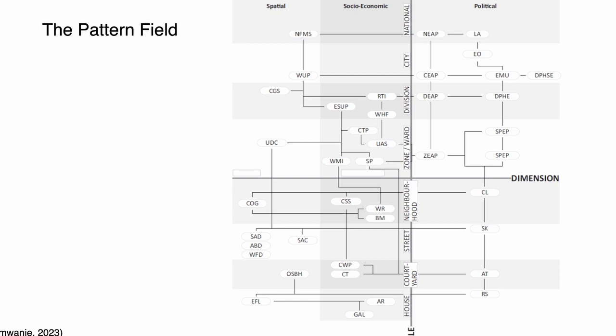Then you have the division, then the city, and then up to national level. And then I use the spatial, and then social, economic, and political. But that's after looking at my patterns like 500 times.